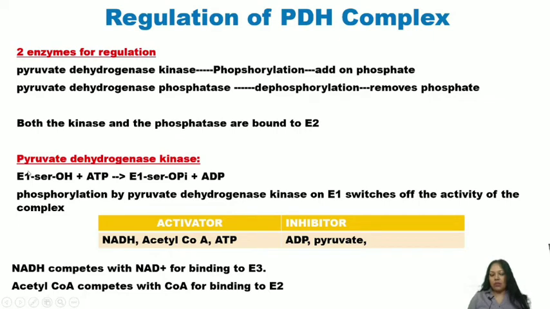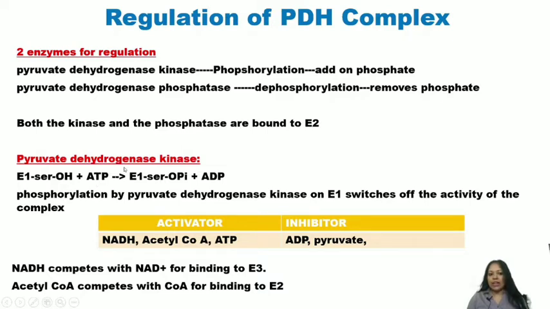Enzyme E1 of the PDH complex contains serine at the active site, and serine, the amino acid, has OH as its R group. If you remember, we discussed this in the amino acid lecture much before. Kinases, wherever they work, use ATP as a phosphate group donor and cause phosphorylation, converting ATP to ADP, meaning they snatch a phosphate group from ATP.